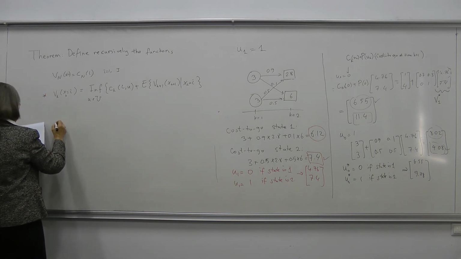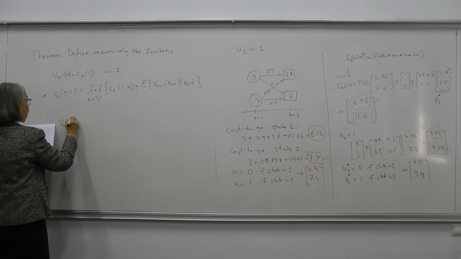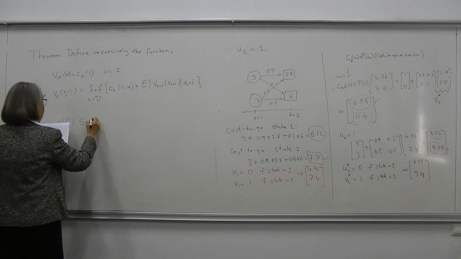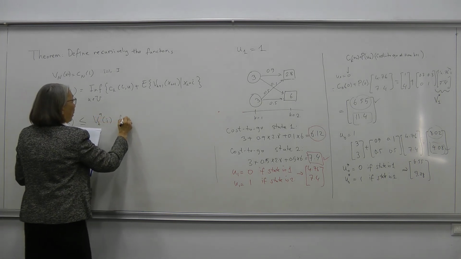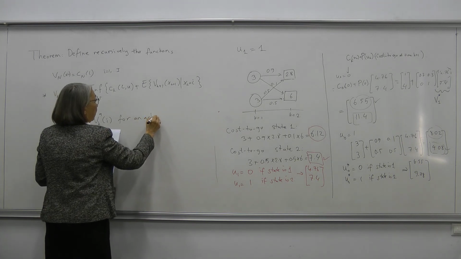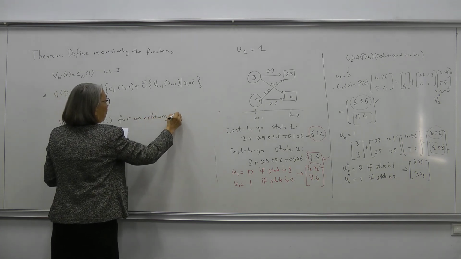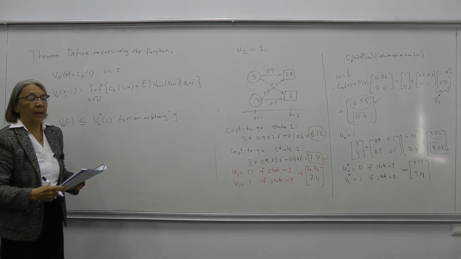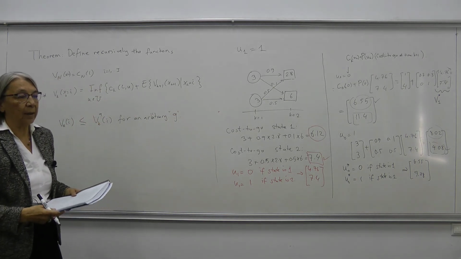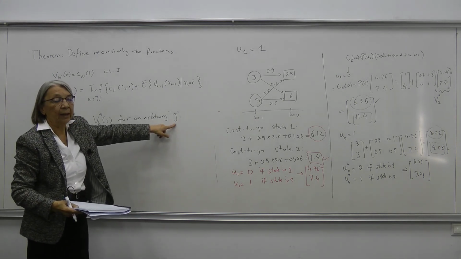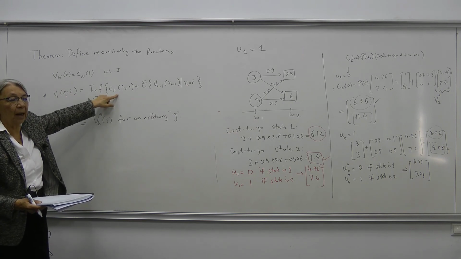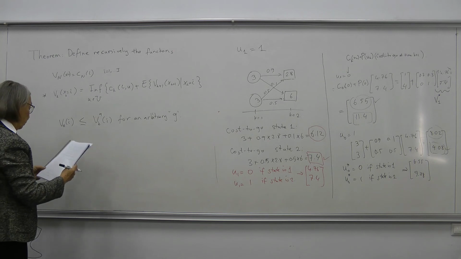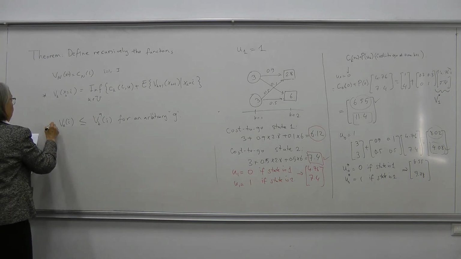And we can say that V sub k of I is always less than or equal to V_k^g of I for an arbitrary G. That was the policy, an arbitrary policy G, and it tells us that the best thing is the one obtained by minimizing the function given there with respect to u. And that is the first statement that it claims.